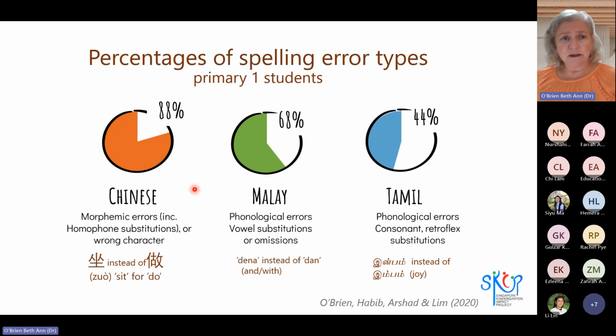For Chinese, we found that although there were more morphemic errors, including things like homophone substitutions, than there were phonological errors, the bulk of their errors was really that they were writing the wrong character overall. So it might be at this young age, they still didn't have enough inventory or enough knowledge about all of the different characters for the words that we were trying to get them to write.